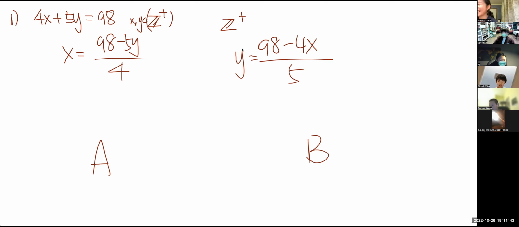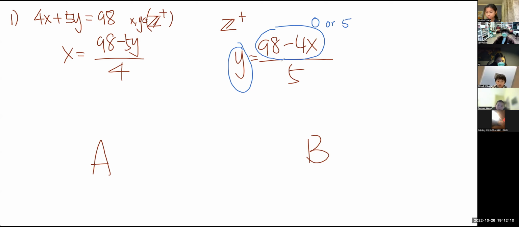So why is y better for this case? Because the answer y has to be a positive integer. That means the number 98 minus 4x must be divisible by 5, right? A number divisible by 5 must end with 0 or 5.